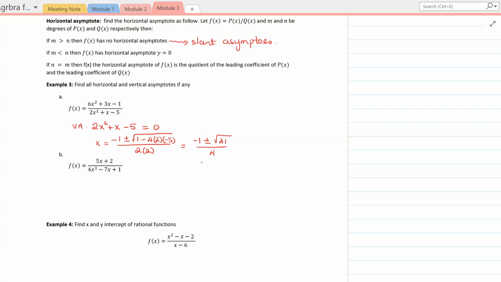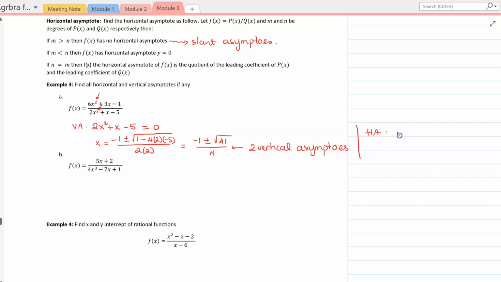Okay. So here we have two vertical asymptotes. These are the two vertical asymptotes. For the horizontal asymptote, note that the degree of the numerator is 2, and the degree of the denominator is also 2.